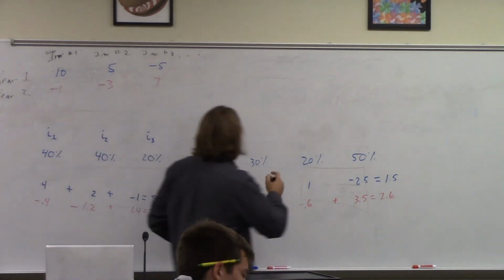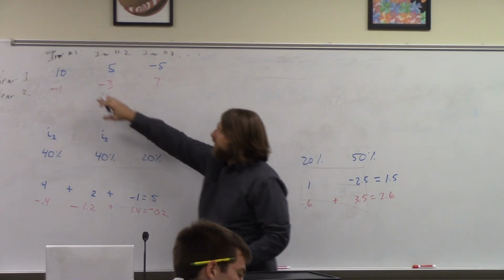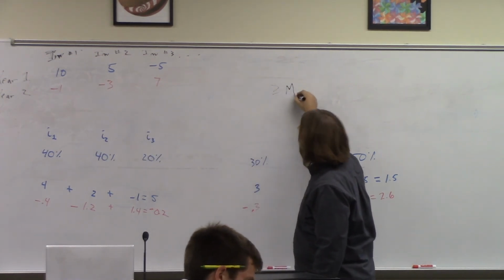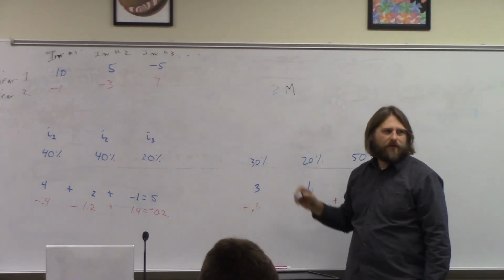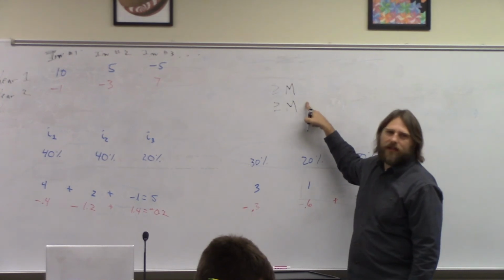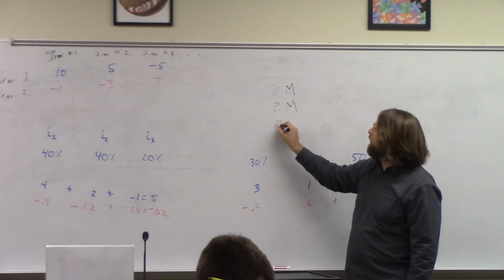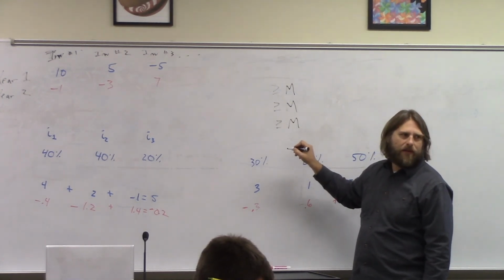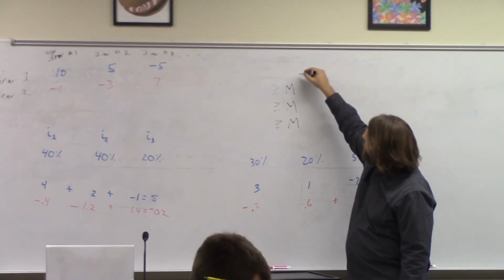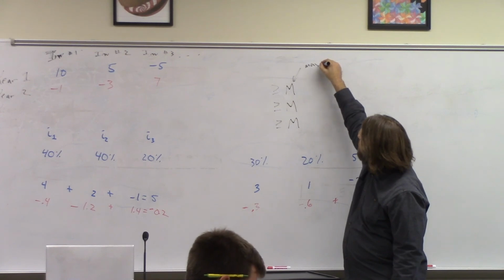And what you're going to say is for that year, it's going to be greater than or equal to this M that you define, that you compute. And year 2 has to be greater than or equal to that M. And year 3 has to be greater than or equal to that M. And so forth. And then what you do is you maximize M.